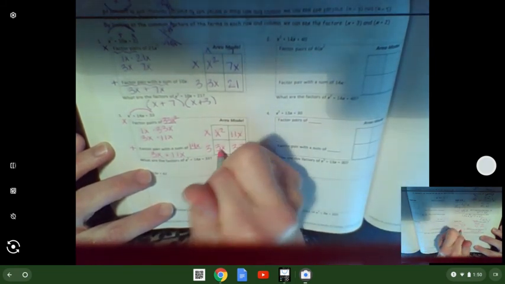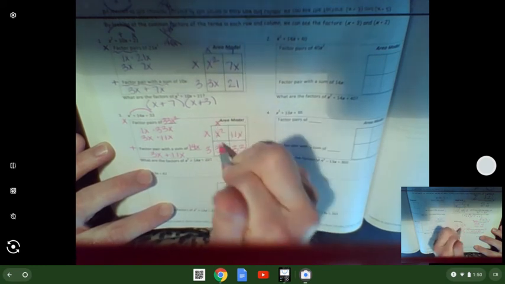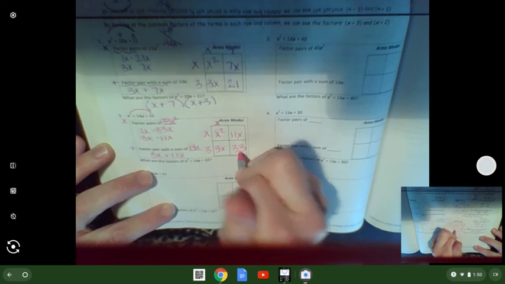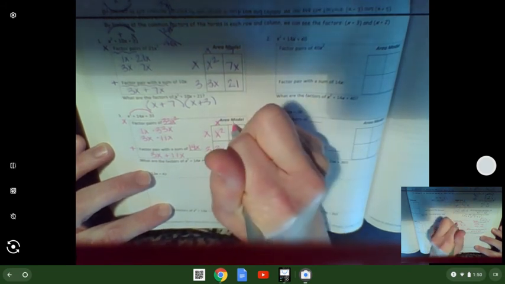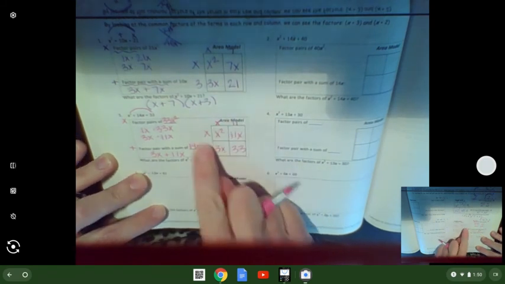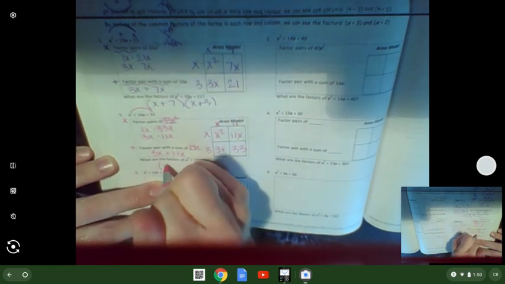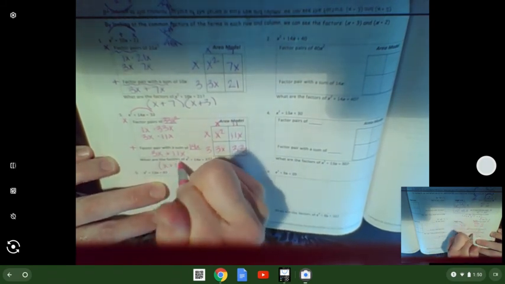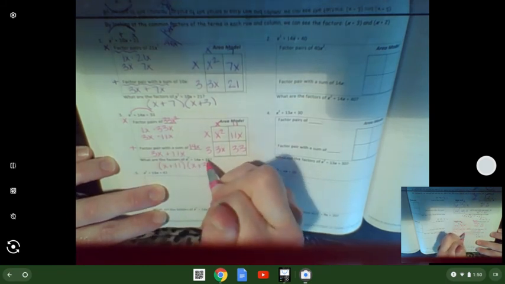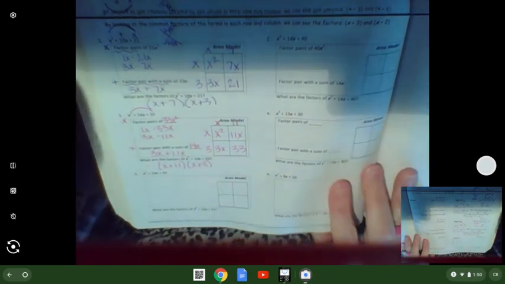X squared and 3x have an x in common, no numbers because x squared doesn't have any. 11x and 33, well, 33 and 11, both divisible by 11. Now that I know what's on the outside, I know that x plus 11, because it's on the top, times x plus 3 must have multiplied to give me this trinomial that I started with.